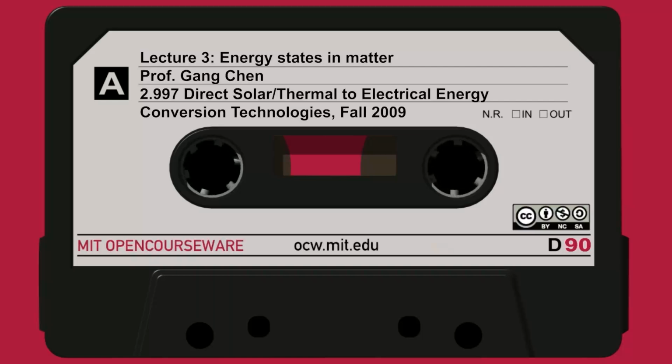Now we're going to do a little bit more. That's the basic idea of the vibrational energy levels and the electronic energy levels in solids. I'm going to do a bit more, with an approximation. First, think about the free electron.